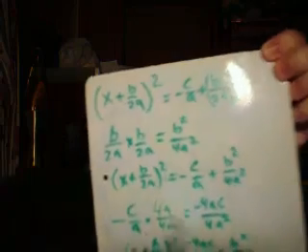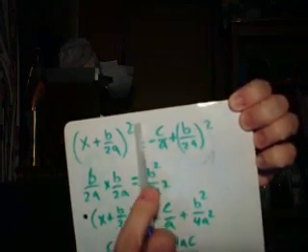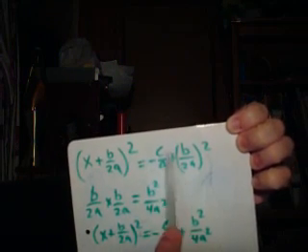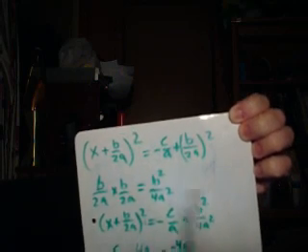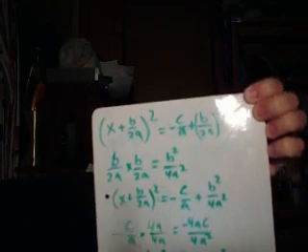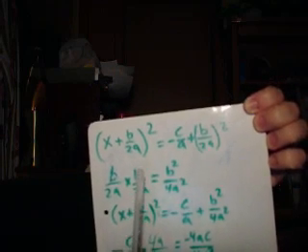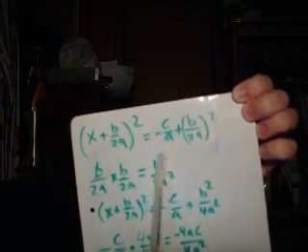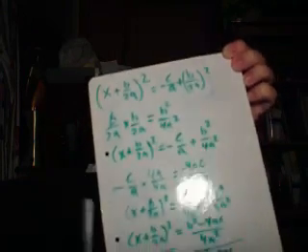We're starting with this. x plus b over 2a, squared, equals negative c over a plus b over 2a, squared. Now, if you have b over 2a and you multiply it by b over 2a, you're going to end up with b squared over 4a squared.